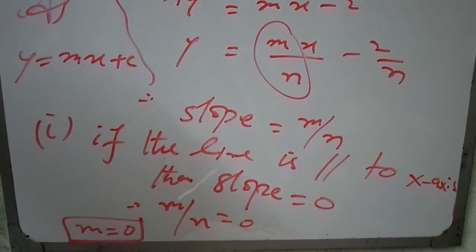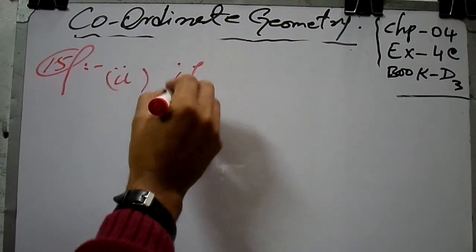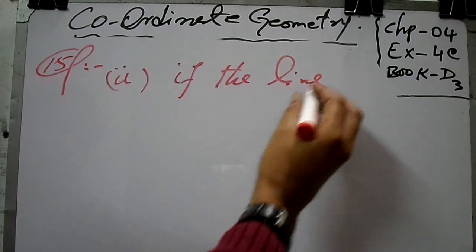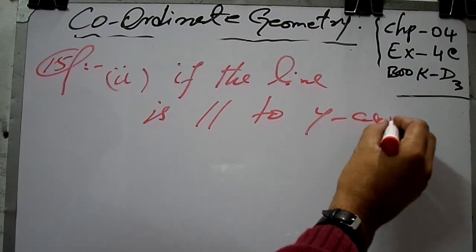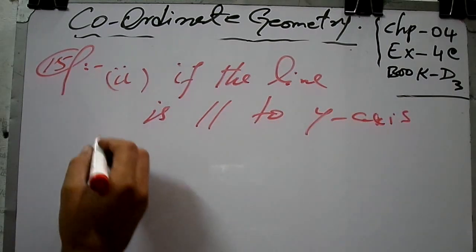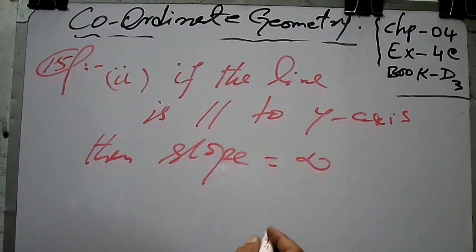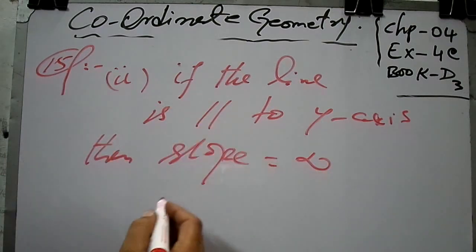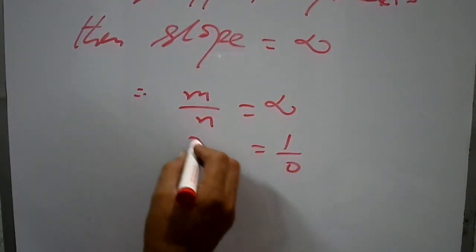If the line is parallel to the y-axis, that is the second condition, then the slope is equal to infinity. We already know this condition, we have used it in previous questions. Infinity can be written as 1 by 0.